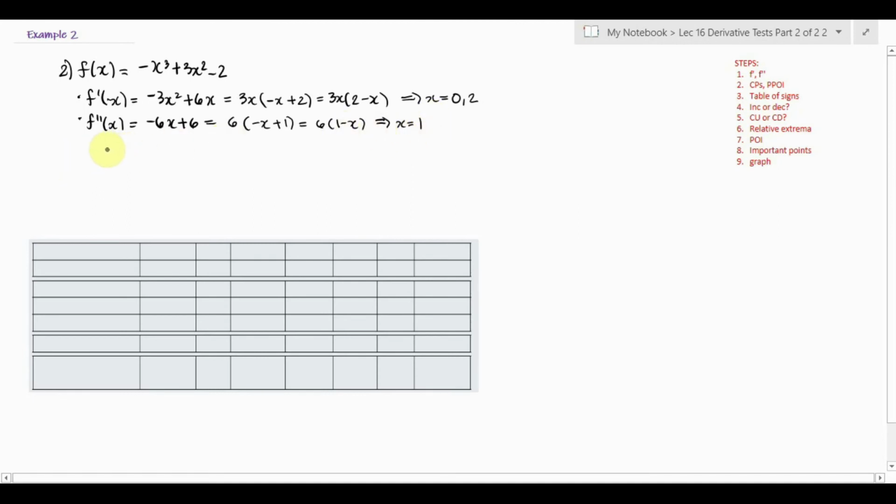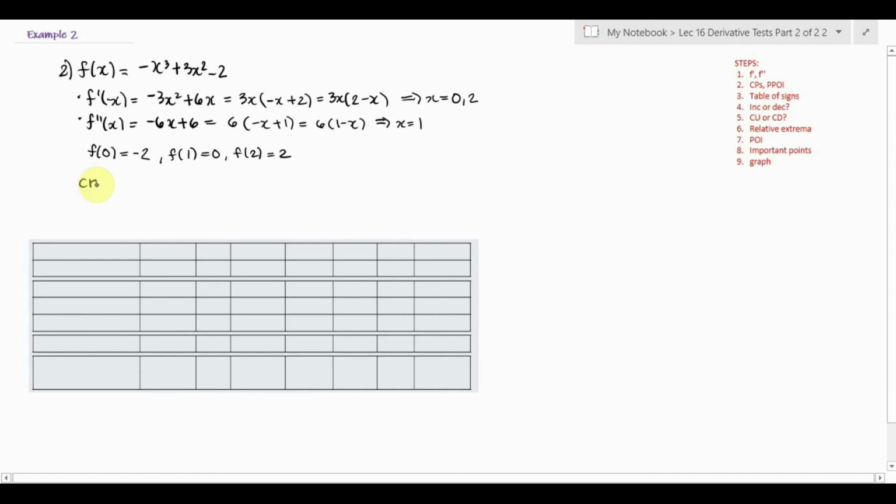Next would be to get the coordinates. So, we get the functional value. So, f of 0. So, ito ibibigay ko na lang uli. I will leave it to you to verify. Yung mga functional values, substitute lang. F of 1 will be 0. And f of 2 will be equal to 2. Okay?